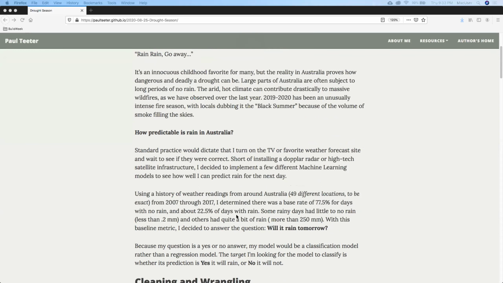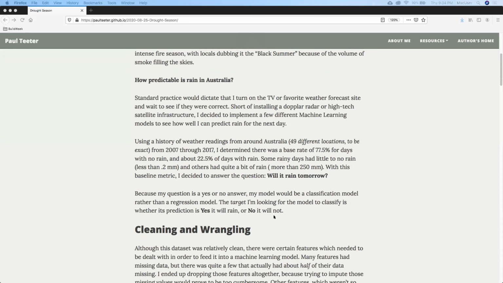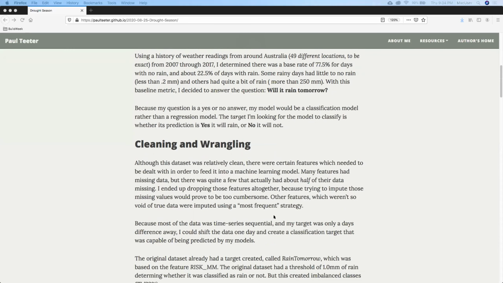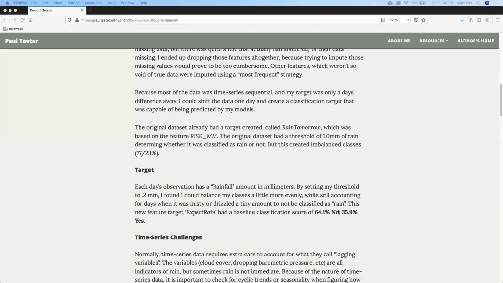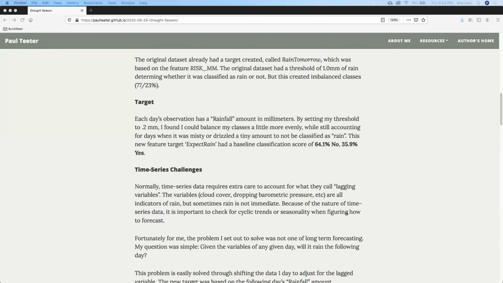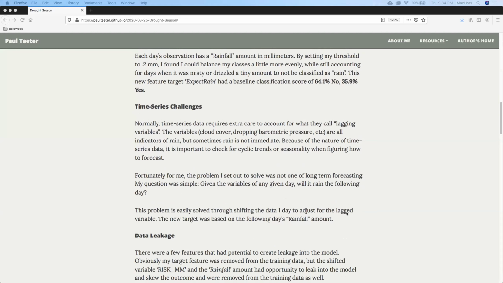So I reconfigured my target column and balanced it a little better, and made a new classification target with a baseline score of 64 and 35%, which was a little easier to work with. I also had some time series challenges because of seasonality, but because what I was doing was only really for 1 day, all I had to do was shift the data 1 day.